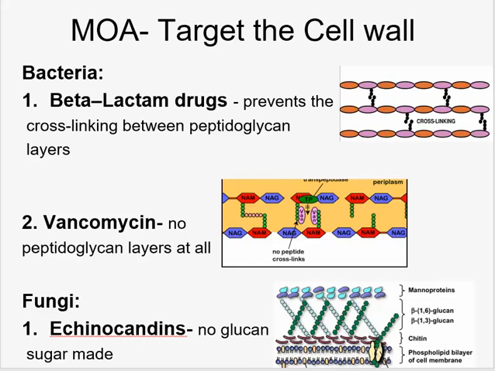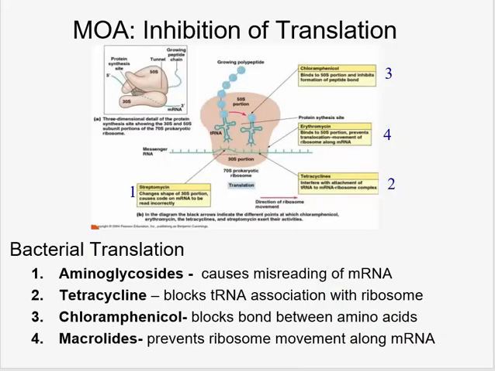Some examples of drugs that go after translation, so going after protein production. Notice our list here, I've given you four examples of bacterial translation inhibitors, but no antifungals or any other group. That's because any organism that's a eukaryote, their ribosomes, their RNA production, polymerases, all of that look like human enzymes.